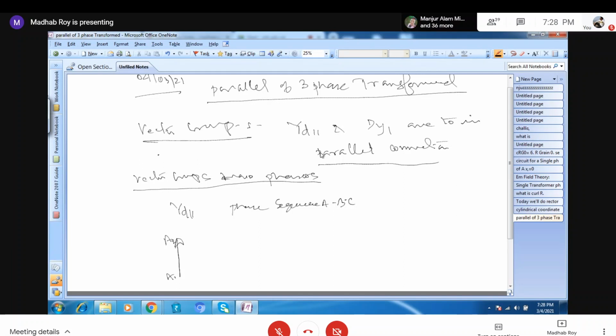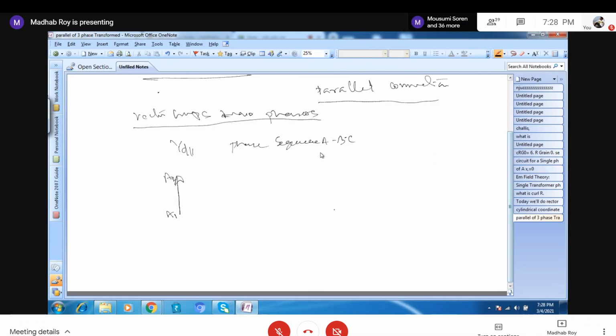As the phase sequence is ABC, the next phase will be B1 and B2, and there will be another phase, C2, C1.